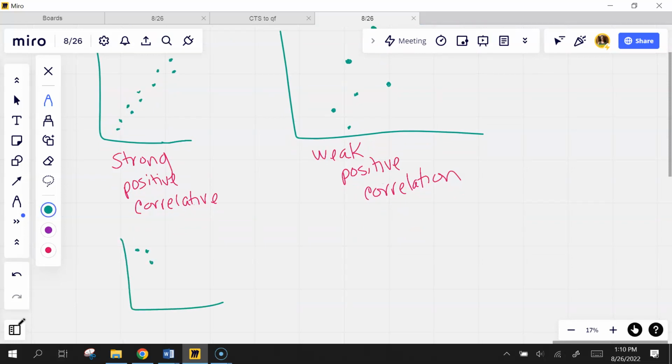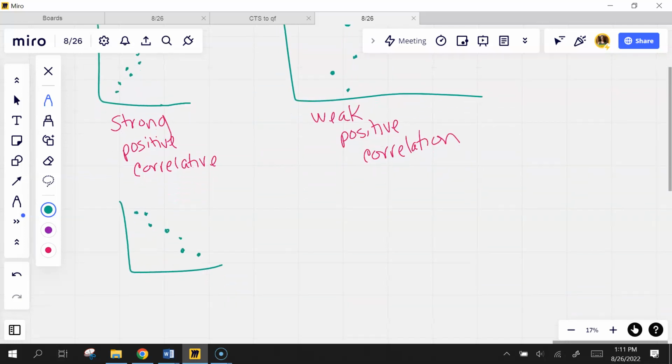From there, we can have strong negative correlation, or weak negative.